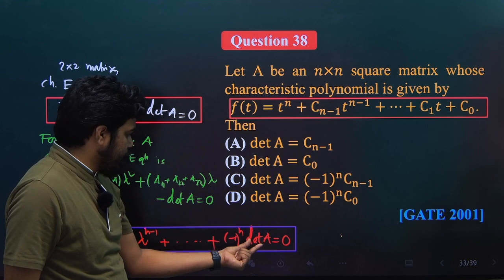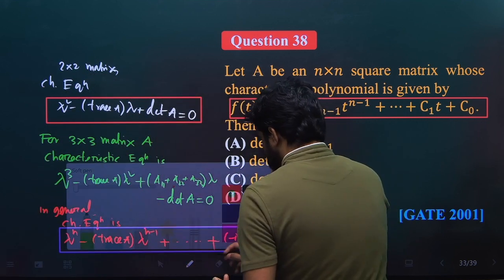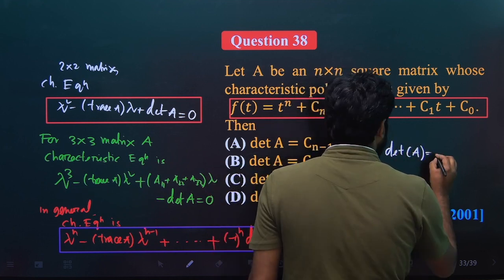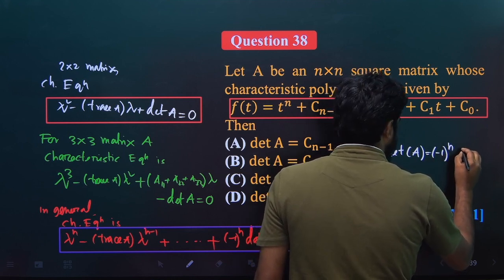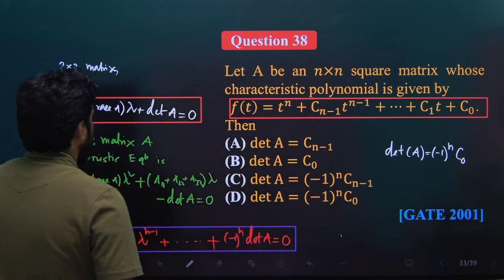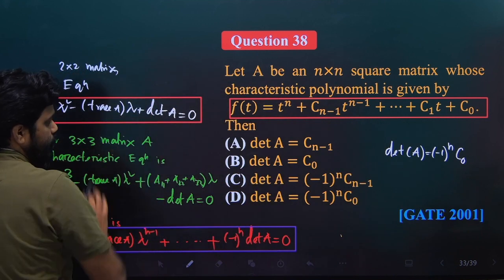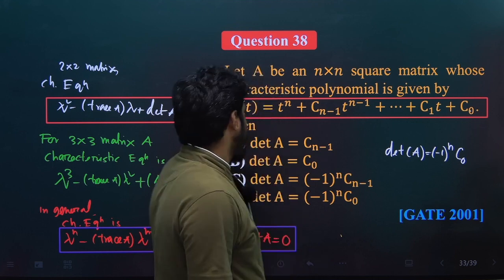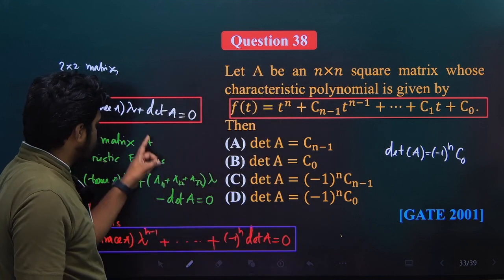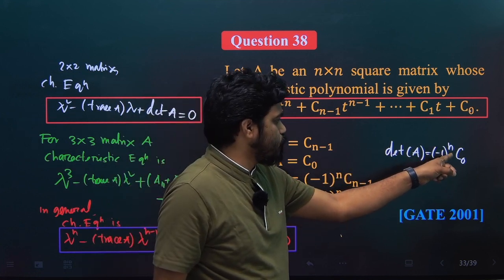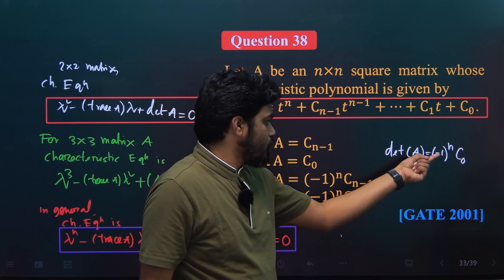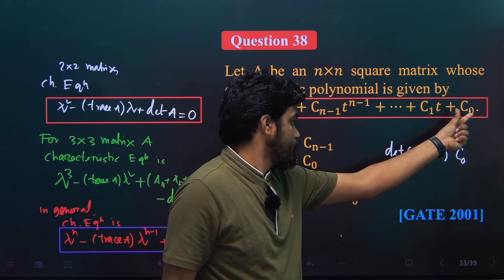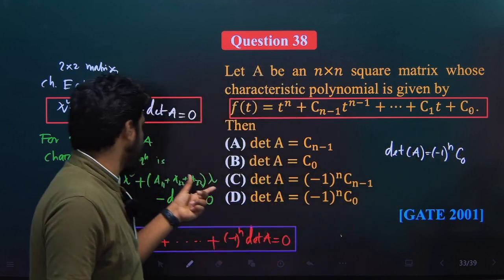Just see, determinant A, if we compare, will be (-1) to the power n C0. Yes or no? The last term is the determinant, the constant term, either plus or minus. That is why I wrote determinant A is equal to (-1) to the power n C0; the last term represents the determinant, either plus or minus.